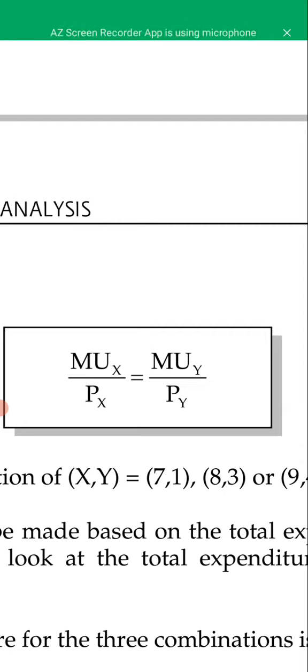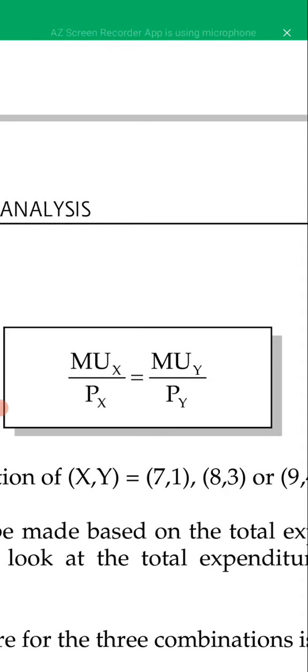It can be per kwacha, but since the dollar is an internationally recognized currency, we're just using per dollar. So what you're seeing on your left side, you can call the marginal utility of X per dollar and the marginal utility of Y per dollar as well.